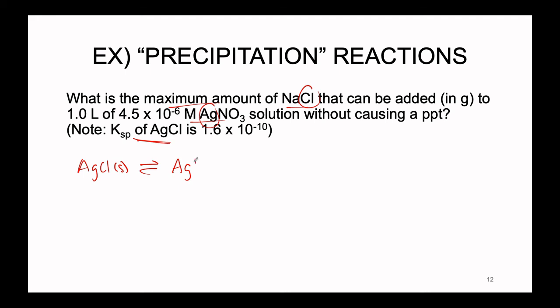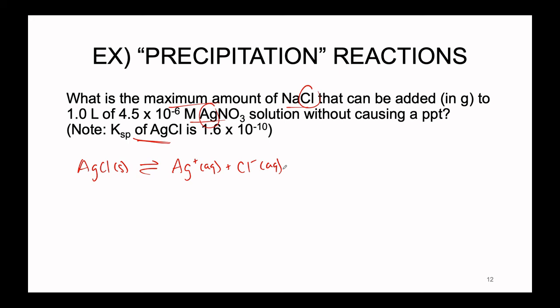The silver chloride will break down into silver in aqueous form and chloride also in aqueous form. And we don't need to go through the whole process of writing an ice table. In this case, we're not looking for equilibrium necessarily. We're looking for change. In which direction will this equation shift? In other words, how much can we add of one reactant without causing a significant shift? That's a better way to put what we're looking for.